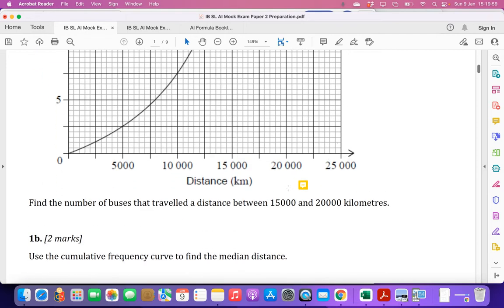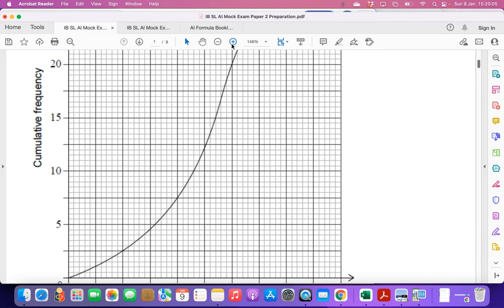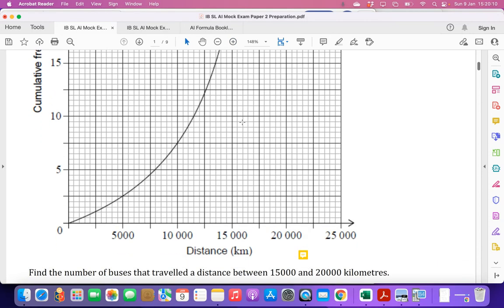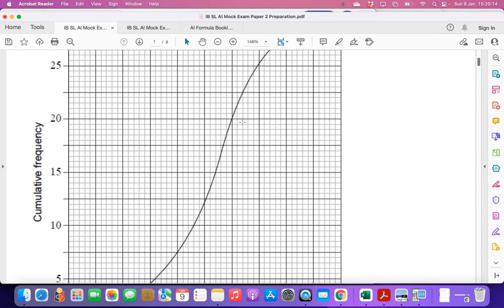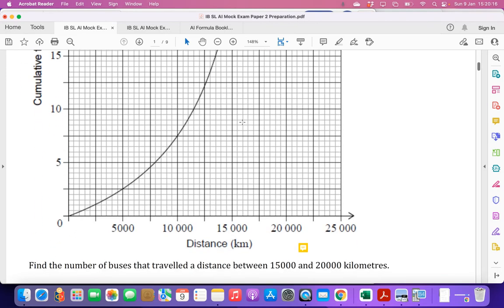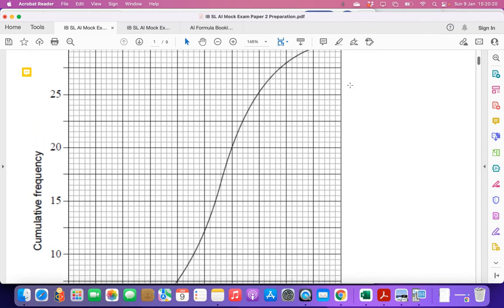So 15,000 and 20,000. At 15,000 I go up and get 20 buses, and at 20,000 I get 27.5 plus a half, which is 28 buses.